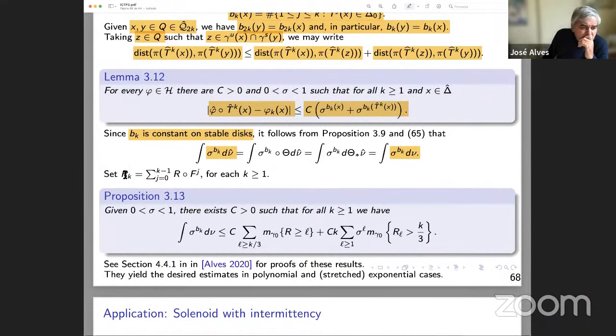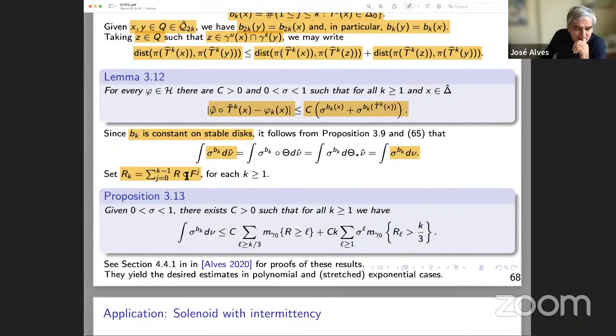And the last estimate is obtained. Well, for that, I need to introduce this. See that this is the sequence of recurrence times. See that f here is the quotient dynamics. So I'm considering the first recurrence time, and then I consider the image through the quotient dynamics, or through the return map, and then I consider the next one. So this is the sequence of consecutive return times for a point.